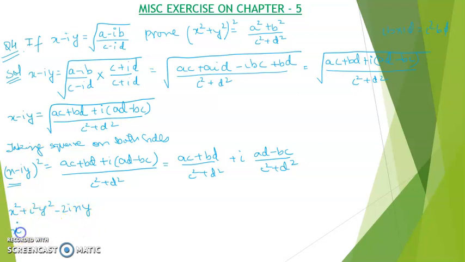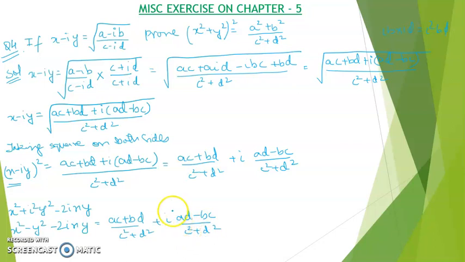So x square minus y square minus 2ixy. Are you following, students? I square is equal to minus 1, so minus y square is equal to (ac plus bd) upon (c square plus d square) plus i (ad minus bc) upon (c square plus d square).